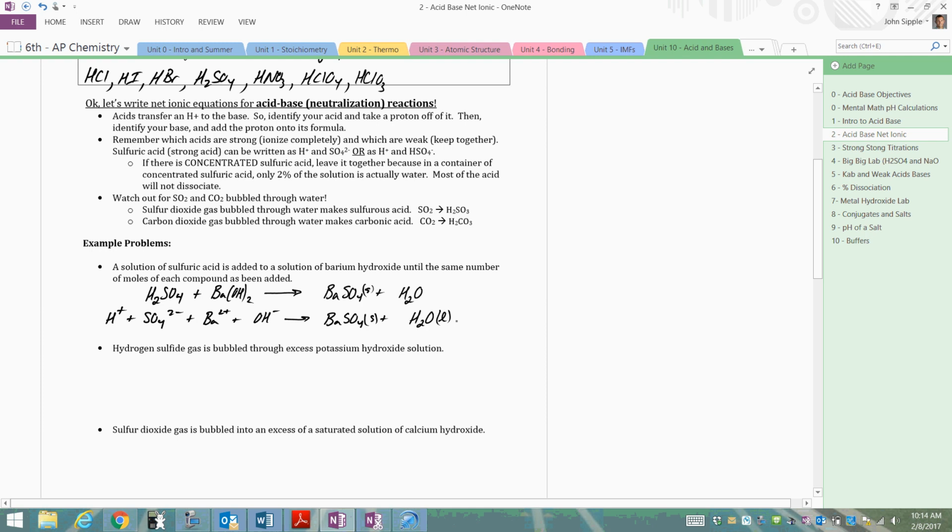And then we just have to make sure that we have everything balanced and cross out any spectator ions. Do we have any spectator ions here? No spectator ions. Is everything balanced?